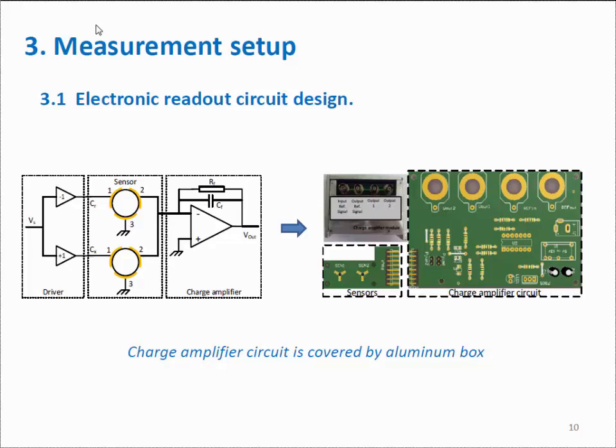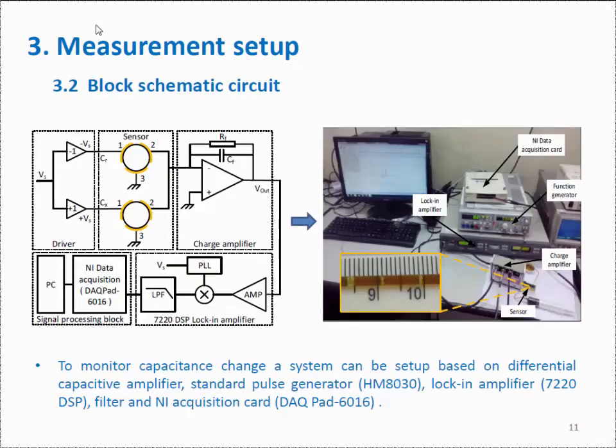And as you know, there is a lot of noise here and here, so we cover this schematic circuit by the aluminum box. And this is the block schematic circuit. The output voltage after going out of the charge amplifier goes to the lock-in amplifier, and then we have the data acquisition, and go to PC for data processing.